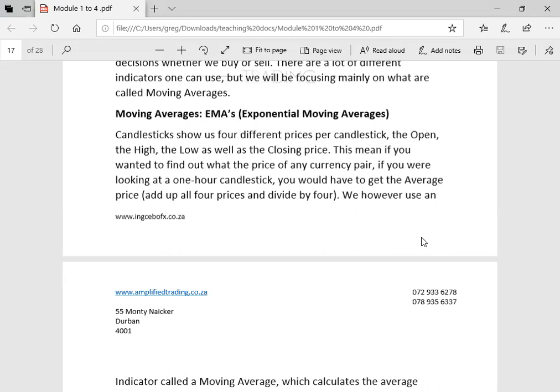So if you picked 21, it's going to take the past 21 candlesticks and it's going to plot a chart that follows the actual price itself. Right. So it's going to take the average price and it's going to plot a line right through the charts itself. Now this is really good in terms of finding the trend, or just at a glance we'll be able to see which trend direction the market is heading in. Okay, is it up? Is it down?